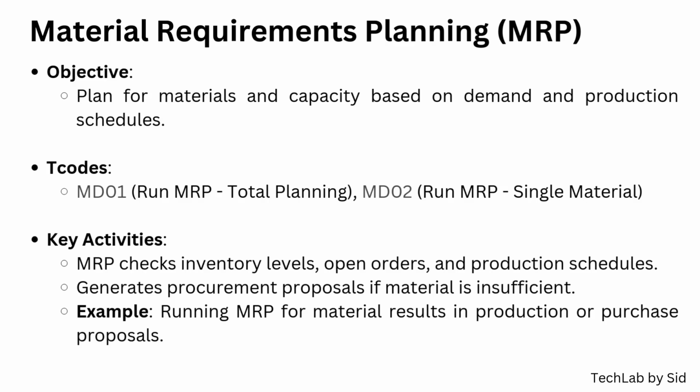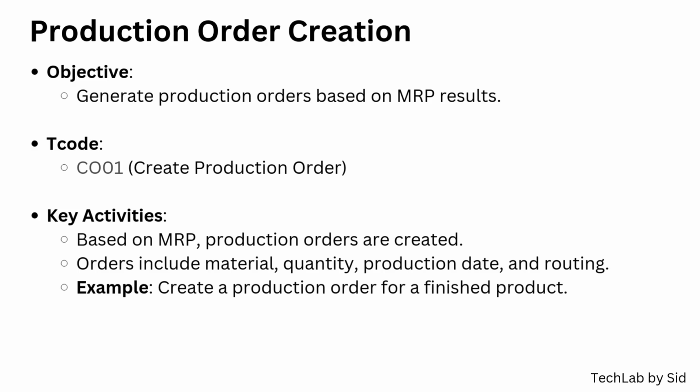MRP checks stock level, open purchase order, and production order, and based on this, it generates procurement proposal, either production order or purchase requisition. MRP ensures that there is no material shortage, and it helps in planning the procurement of raw material and component.